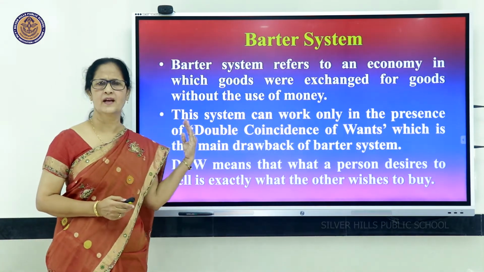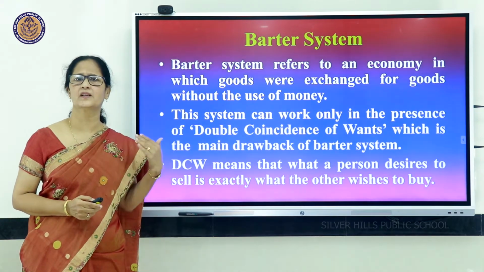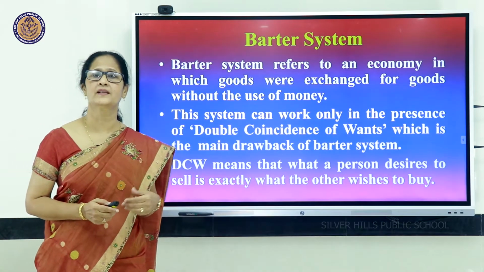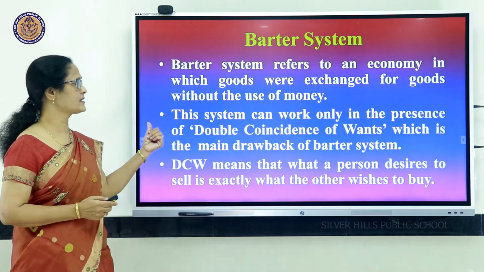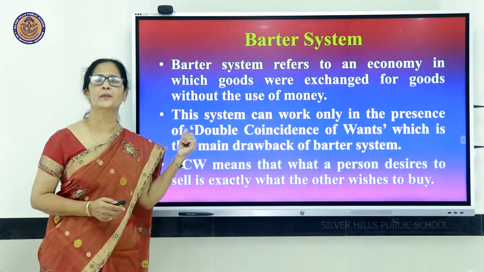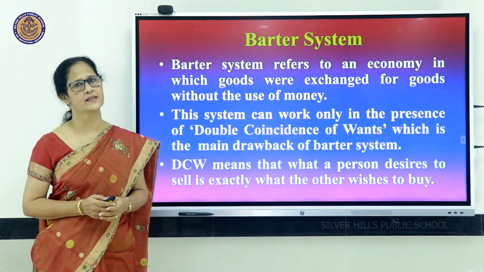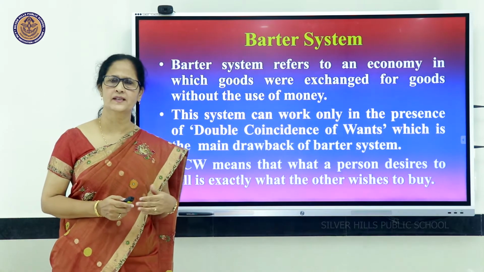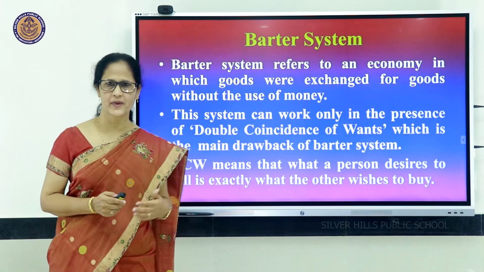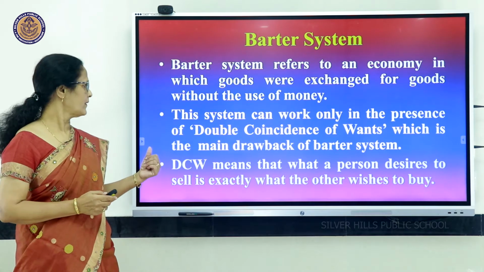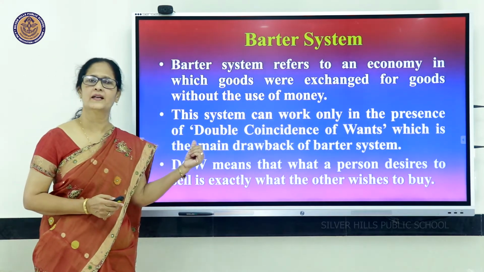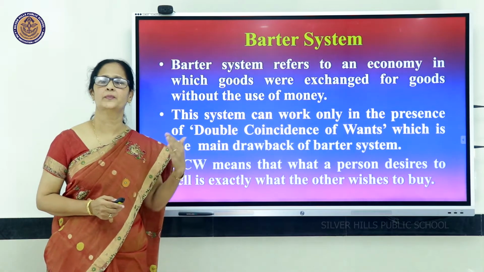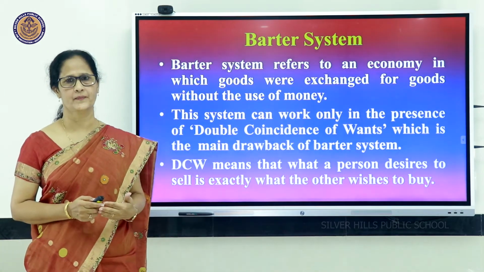Now this system had a major drawback. And that drawback is called double coincidence of wants. So the barter system could work only in the presence of double coincidence of wants. Now what is meant by double coincidence of wants? It means that what a person desires to buy is exactly what the other person wishes to sell.